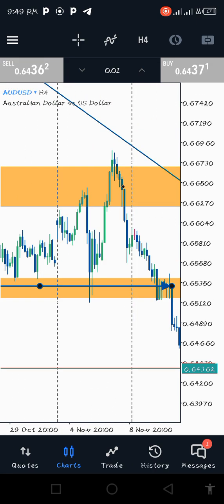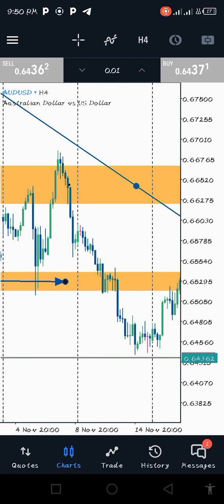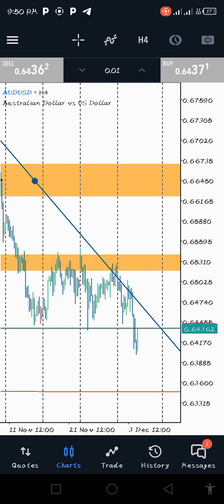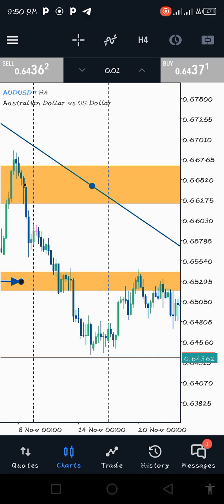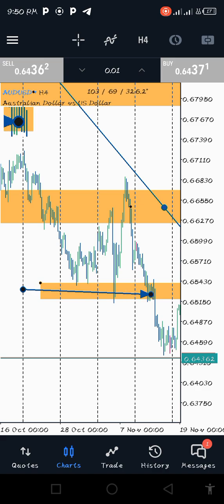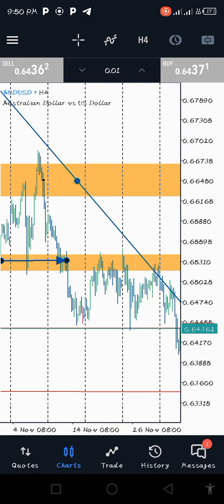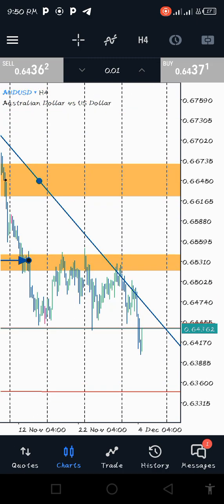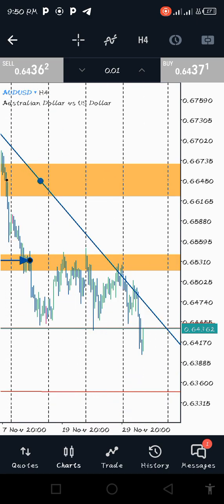This was another zone that was broken, a major zone on the 4-hour time frame. See how price gave us back a re-entry. That is a zone we are focused on. It was a zone that I sent you as a setup last time, but we missed the re-entry on AUD USD, and this is another zone that I just drew, and I sent you the setup.